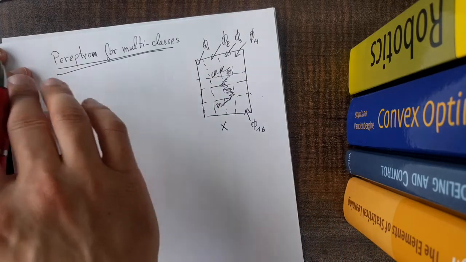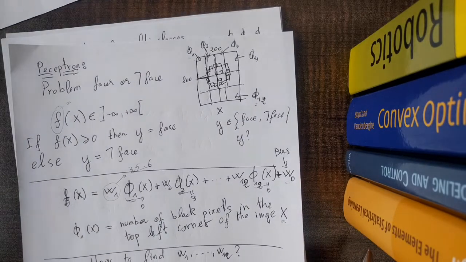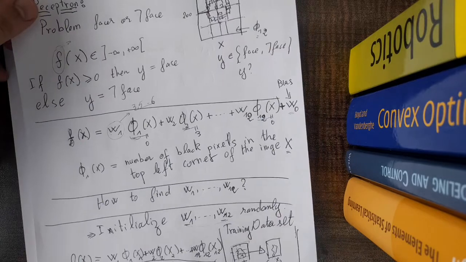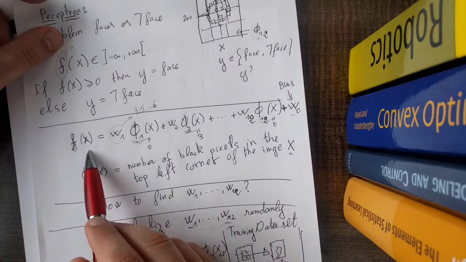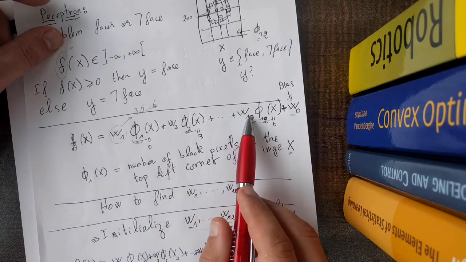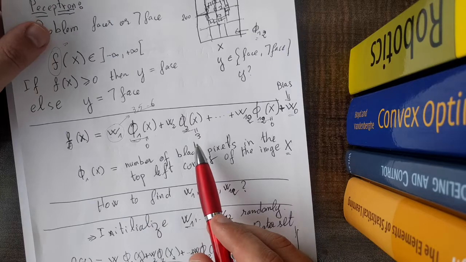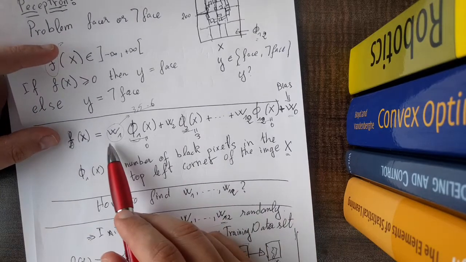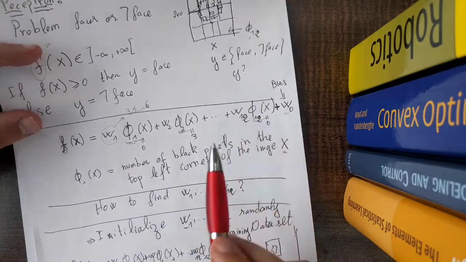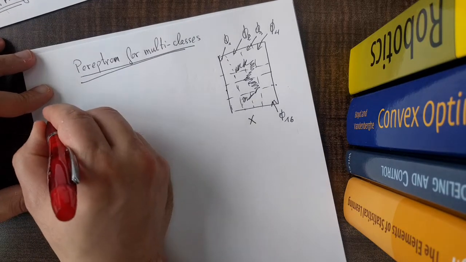The only difference with the previous case is that in the previous example we had a single set of weights, a single vector W1, W2 until W16, and W0 also. In the multi-class situation, for each digit we'll have a separate perceptron.